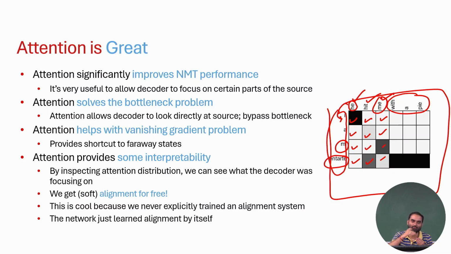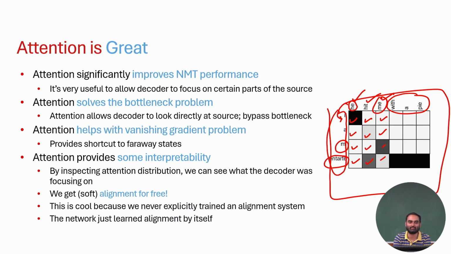If you have a dictionary, you can translate things word by word. But then how do you align? Let's say I am going to school, I am, I don't know, going, ja, raha, right? School, etc. And then how do you align them? Because it is not a one-to-one correspondence. But after attention, people realized that you do not need an explicit alignment as such. Attention can take care of this.